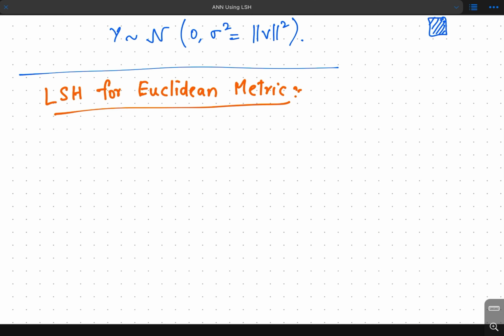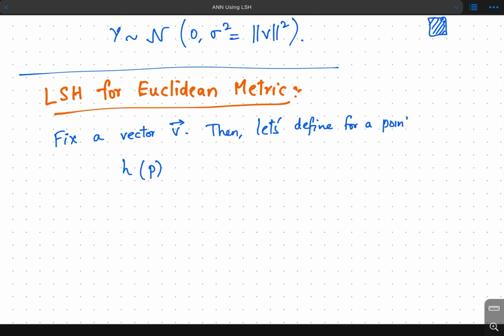So how do we define a hash function for the Euclidean metric? Let's fix a vector v bar, and then let's define h of p.